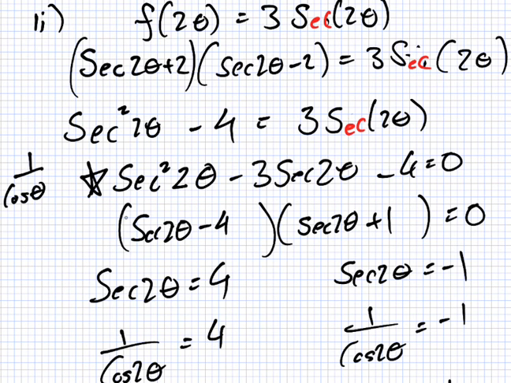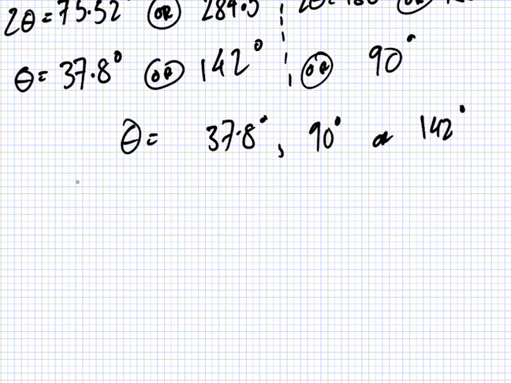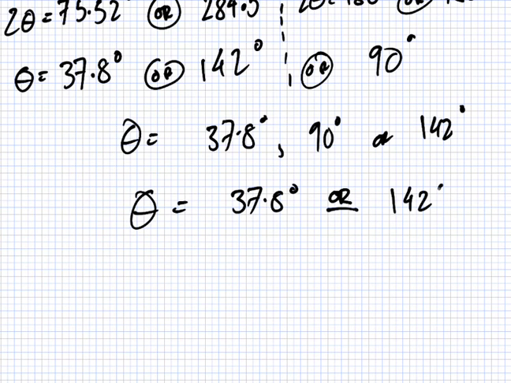If you type 1 over cos 90 in your calculator, you get an error. So sec 90 is undefined, you're not allowed to use it. So theta is in fact only 37.8 degrees, or 142 degrees. So there's only 2 answers here.